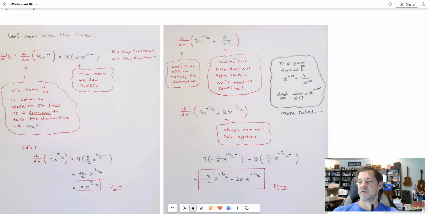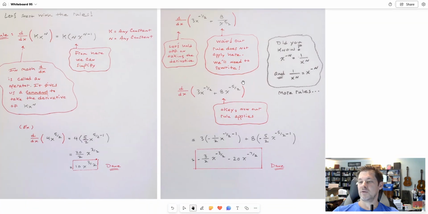Whenever you move something to a power from below the bar to above, the exponent will switch signs. That's all I'm trying to say. So instead of 8 divided by x to the 5 over 2, I can say 8 times x to the negative 5 over 2. So the rule would apply to that form of it. So rewriting is necessary.